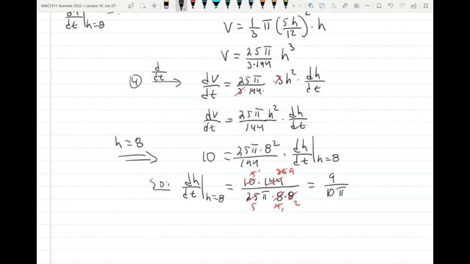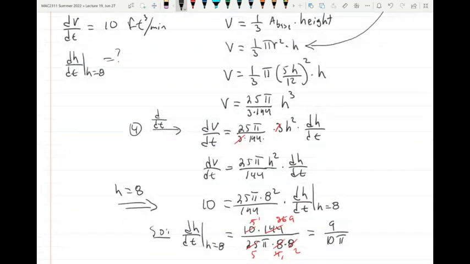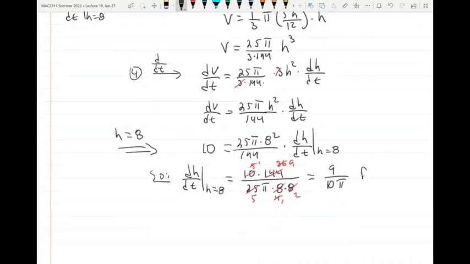Just do this however you want. Just simplify however you want. Just make sure that once you are here, you isolate and then you simplify this successfully. How you do it is up to you. Okay? So we get 9 over 10 pi, and what? So this dh/dt, so that would be feet per minute.